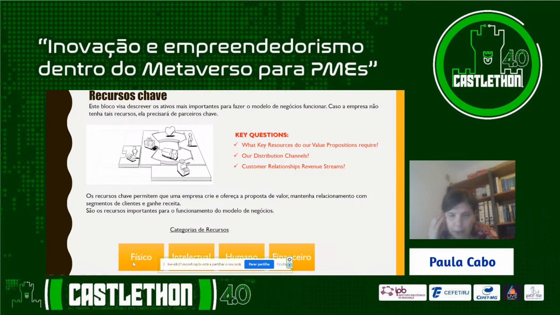We can think about intellectual assets, for example, property rights, or software, something that is not data. And human resources. If you think about a school, we have the physical assets, the buildings, the equipment in laboratories, but then we also have the teachers and the other staff that are also crucial to the delivery of the value proposition.